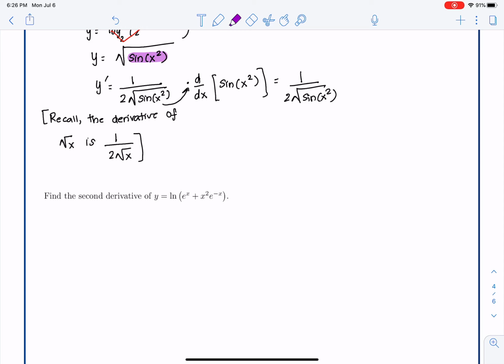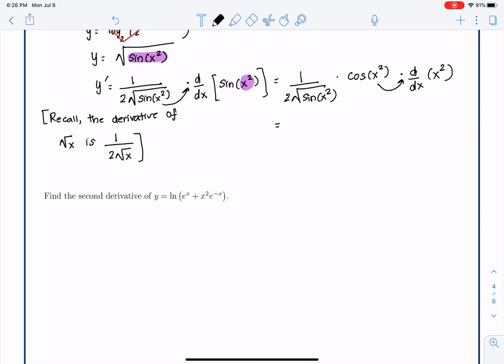And once again, we have a function within a function. X squared is a function. So if I treat that x squared as x, the derivative of sine x is cosine x. So I would have the derivative of sine x squared, which is cosine x squared, but multiplied by the derivative of x squared.